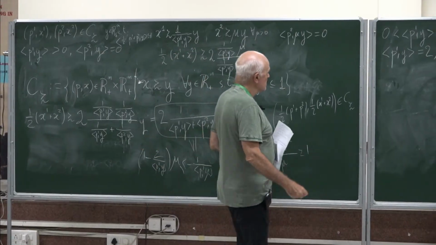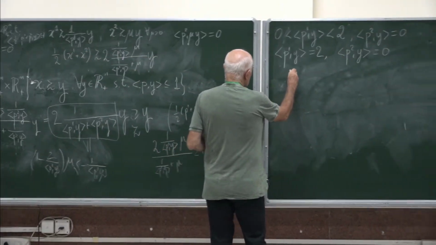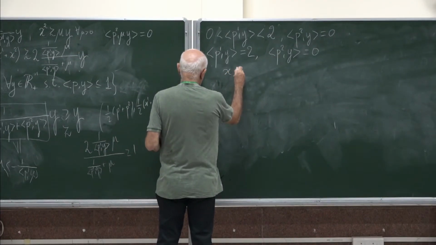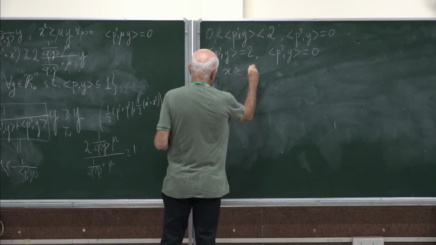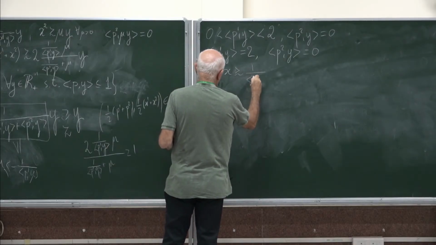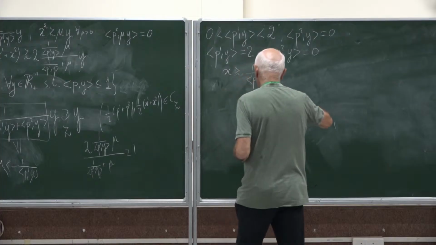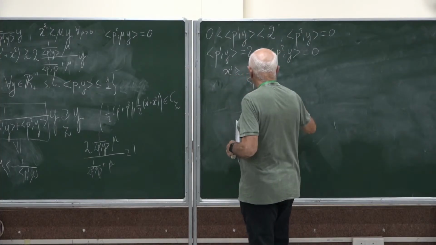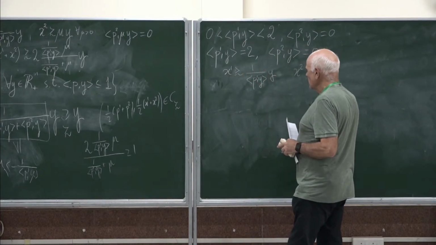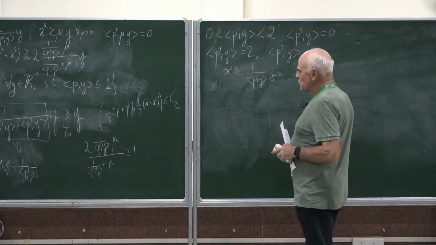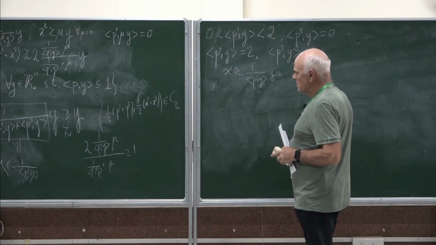For x1, of course, I use that this is greater than or equal to 1 over P1y times y. And for x2, what should I use?